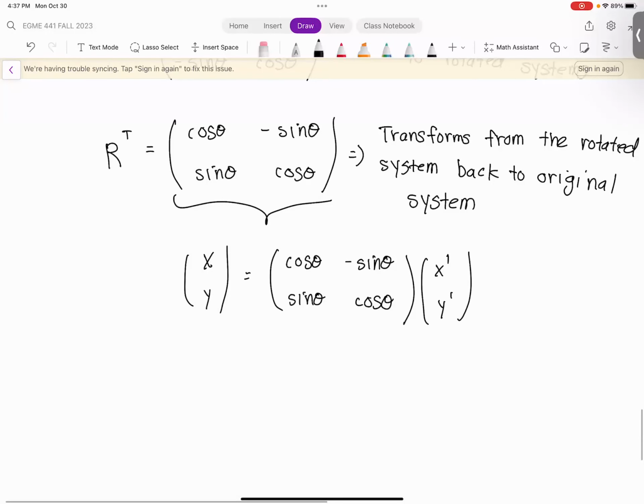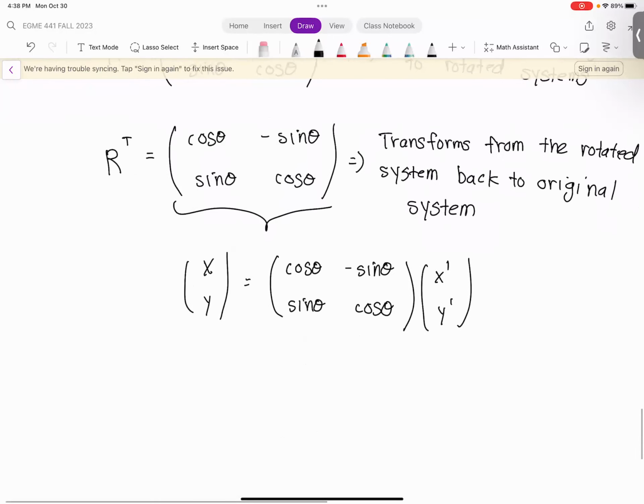Notice the positions of these two vectors are swapped. When we're using the original matrix, we had x prime, y prime to the left of the equal sign. But now that we took the transpose, x prime, y prime appear on the right side of the equation, post-multiplying this matrix.